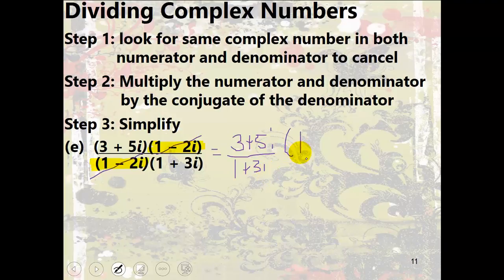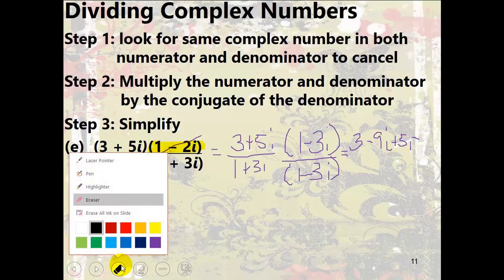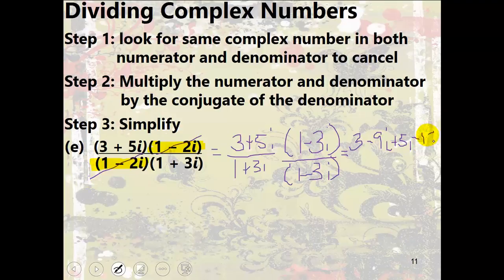And I'm going to multiply top and bottom by the conjugate of the denominator. So I'm going to get 3 times 1 is 3 minus 9i plus 5i minus 15i squared.